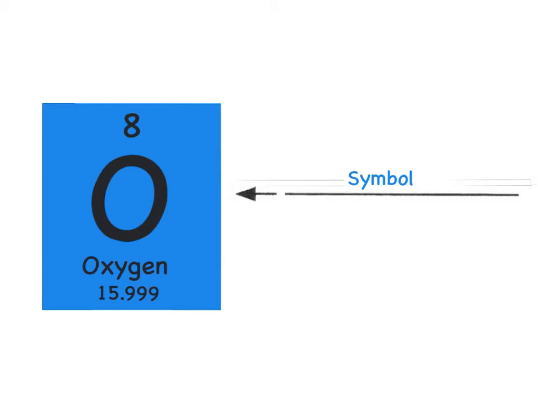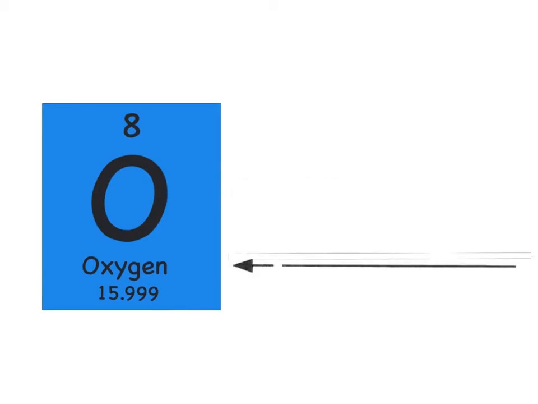Now underneath the element symbol is the element's name, and it always begins with a capital letter and everything else is lowercase. So on your note page, on the third line, on the arrow that's pointing to the word oxygen, write element's name.